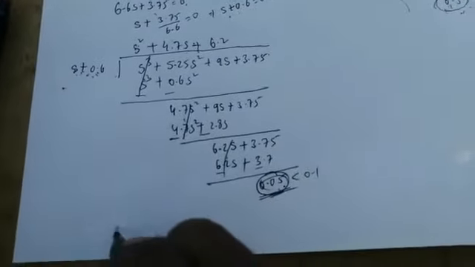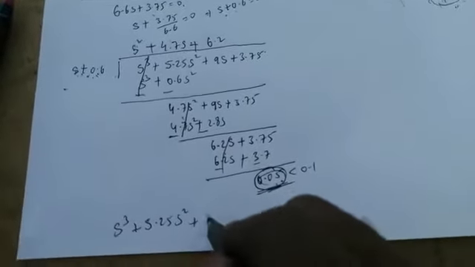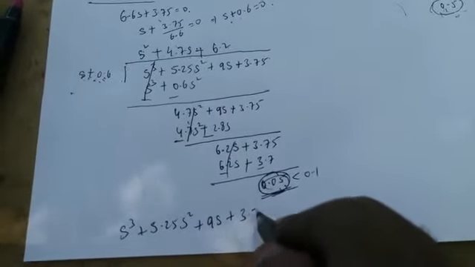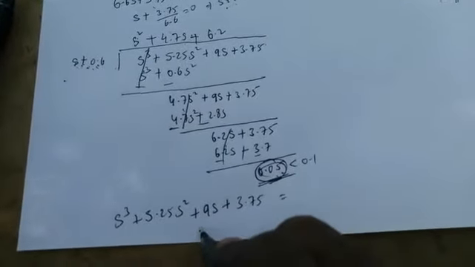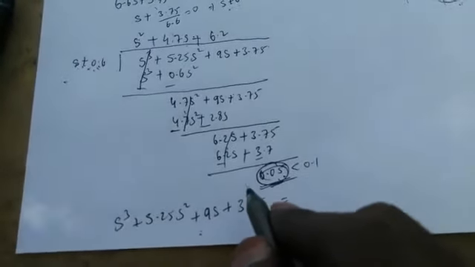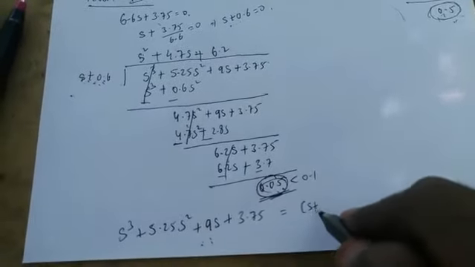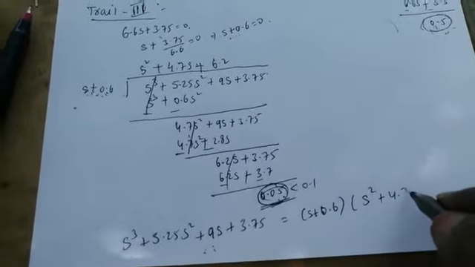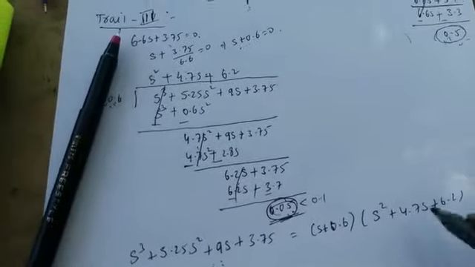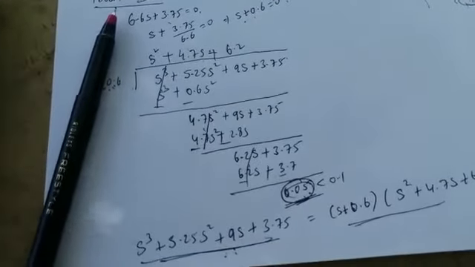Now s cubed plus 5.25 s square plus 9s plus 3.75 is the characteristic equation. After differentiation of k we got this equation. Now this equation can be written as s plus 0.6 into s square plus 4.7 s plus 6.2. You can convert this equation like this by using Lin's method.